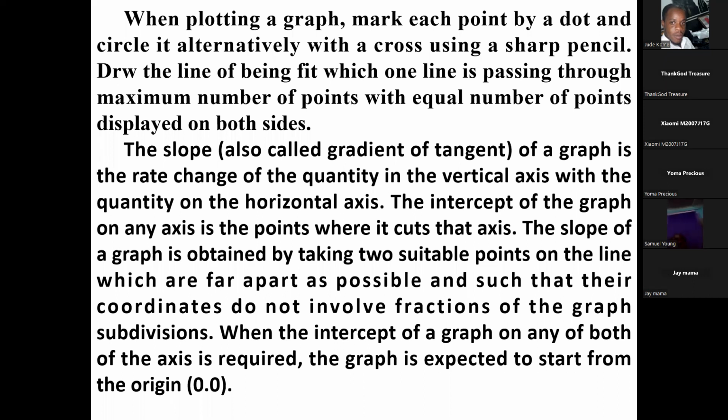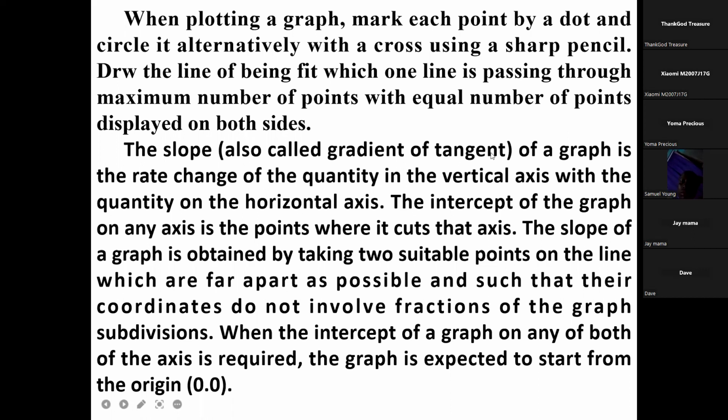The host can actually mute everyone to avoid this interruption. Okay, let's continue.